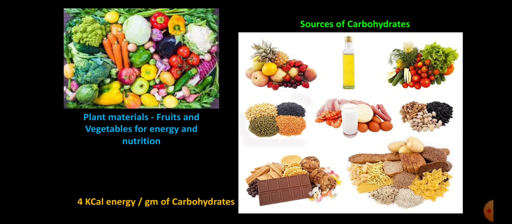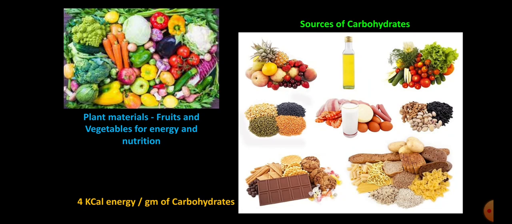Now we consume all the fruits and vegetables from the plants and the energy obtained from these products of plants is used to perform the different functions inside our body. Now, this food consists of carbohydrates, fats, proteins, vitamins, and minerals. And from where do we obtain carbohydrates?